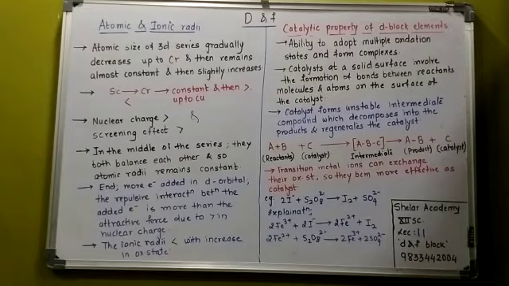Raney nickel is also used as a catalyst in hydrogenation of oils. Vanadium pentoxide is used in the contact process in the manufacture of sulfuric acid. The Ziegler-Natta catalyst, titanium chloride, is used in high density polythene. These are all the examples where the transition elements are used as catalysts.